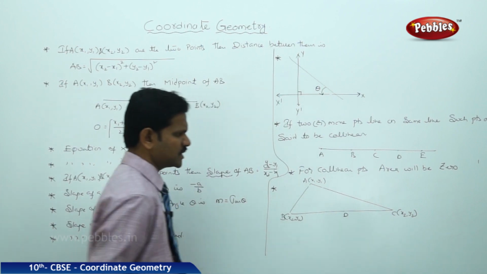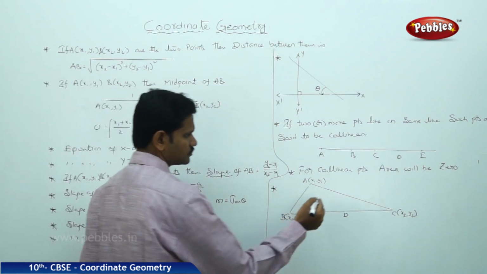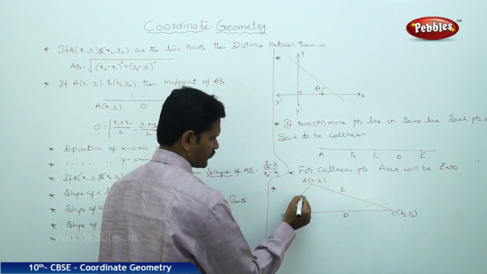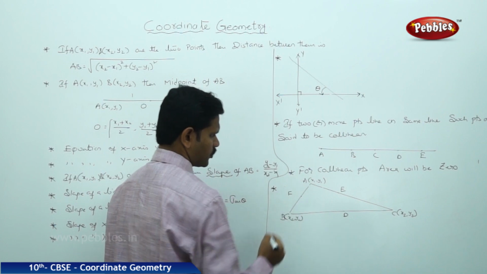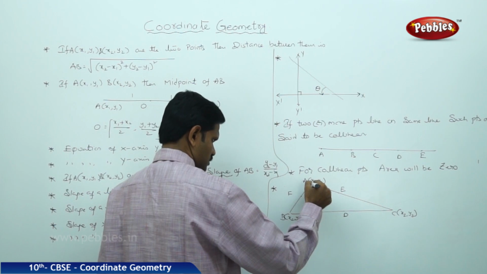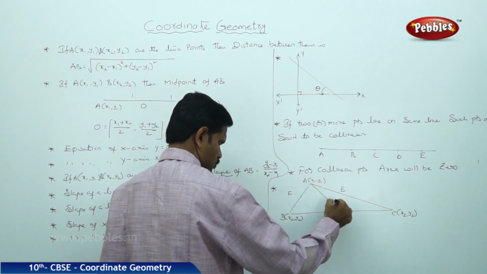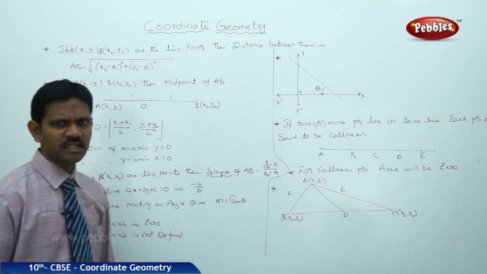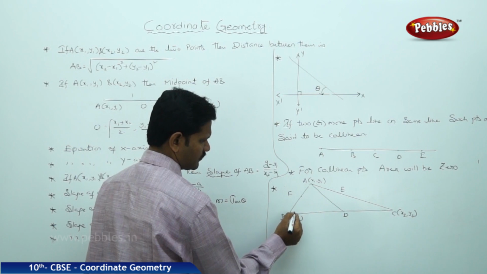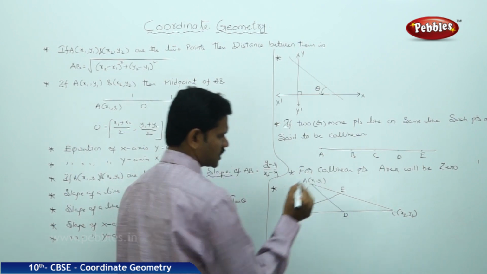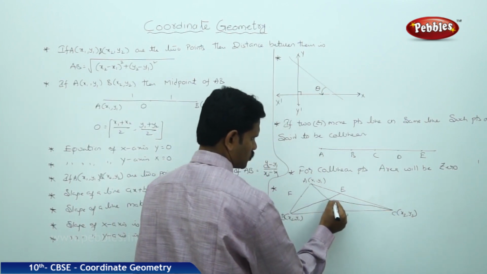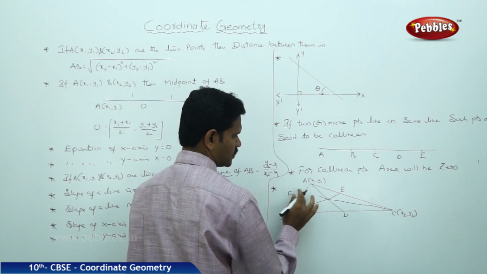D is the midpoint of BC, E is the midpoint of AC, and F is the midpoint of AB. The line segment joining a vertex to the midpoint of its opposite side is called a median.